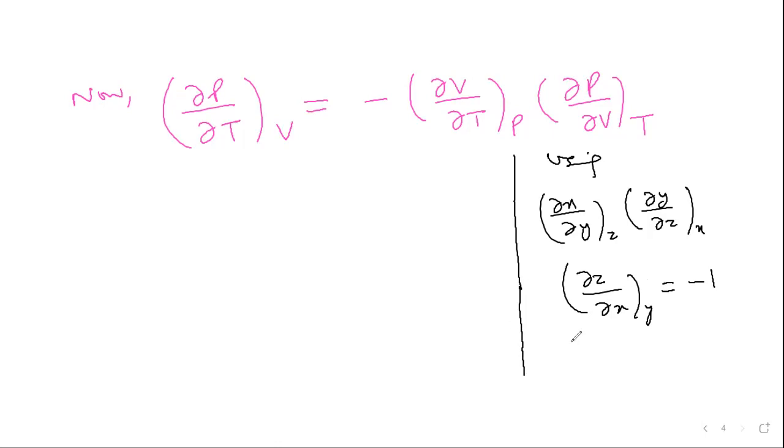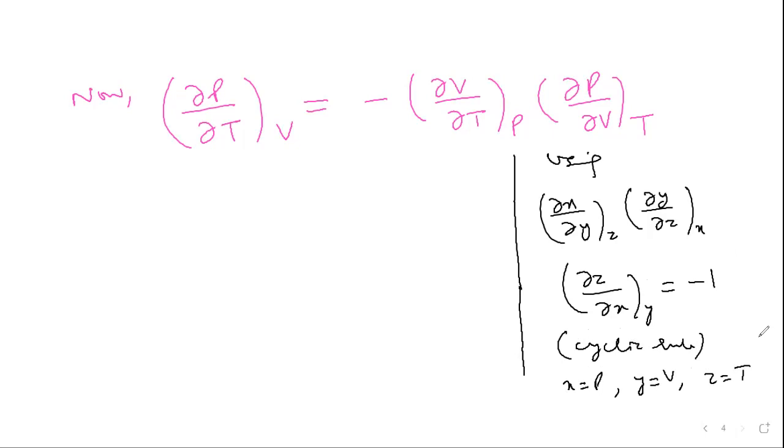This is called the cyclic rule. Instead of x we have P, instead of y we have V, and instead of z we have T. So instead of x, y, z we have P, V, T.